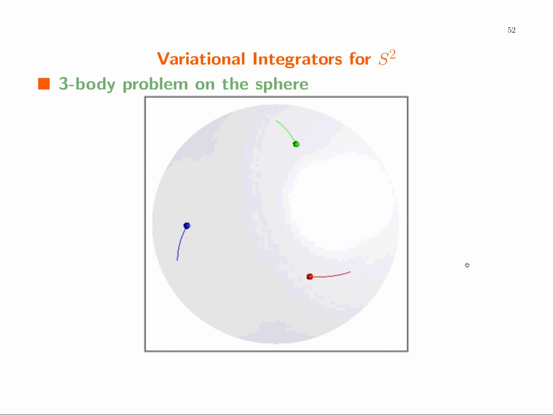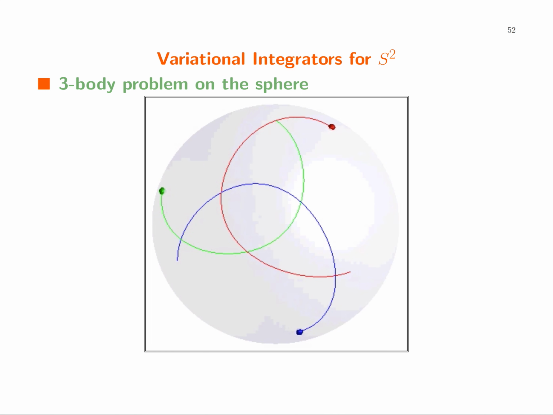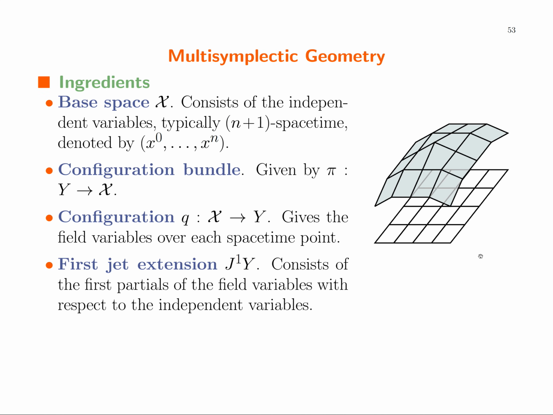You can also generalize this to the 3-body problem on the sphere, and then consider what happens if you try to generalize these kinds of problems to field theories. Okay, so this leads to the idea of multisymplectic geometry.